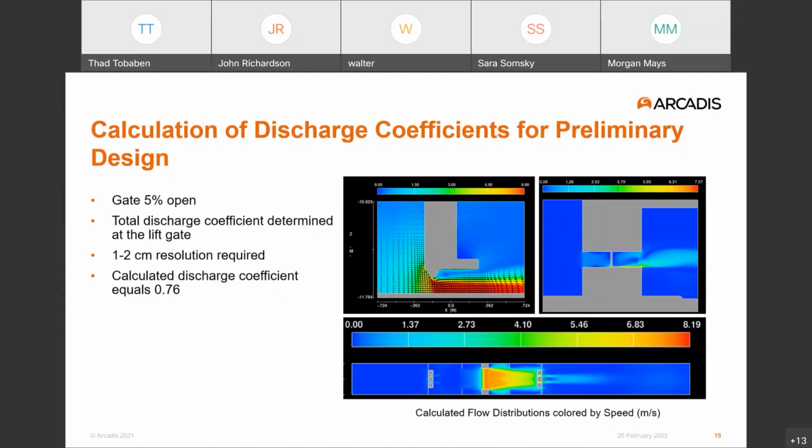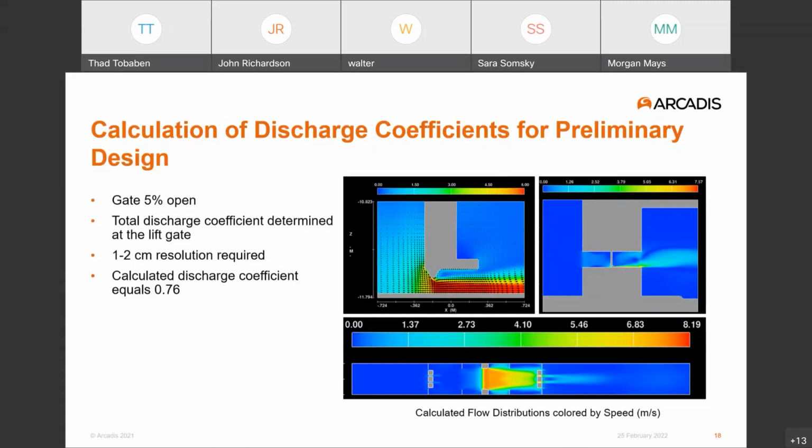So the point to drive home is that these important values that we need don't just vary by a little bit, so we could maybe ignore the variation. They're significantly different, by a factor of 2. So this type of analysis is really quite valuable and needs to be done for this work. The images on this slide are from the results of the CFD calculation for the 5% open case.